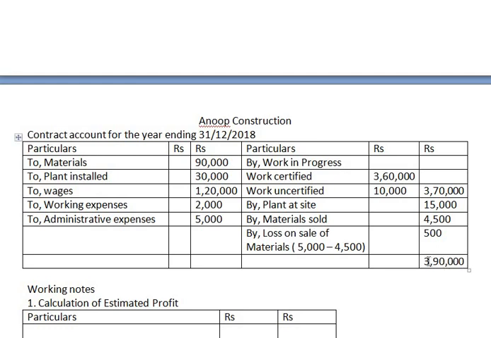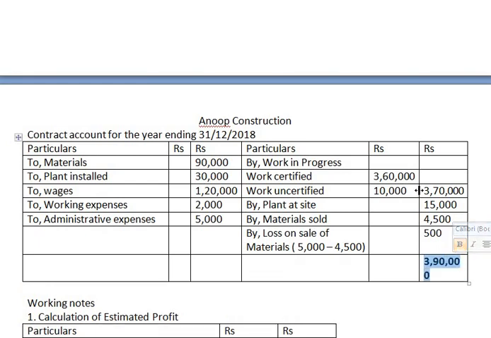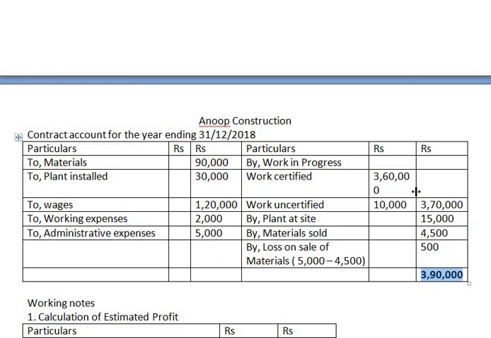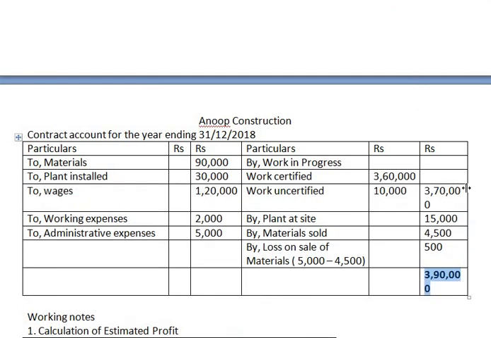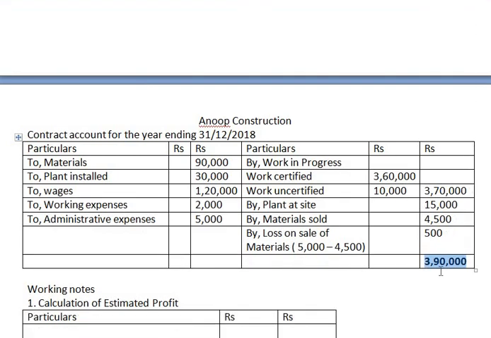Write it on both sides. Now find out the notional profit. To notional profit carried down. Notional profit is 1,43,000.